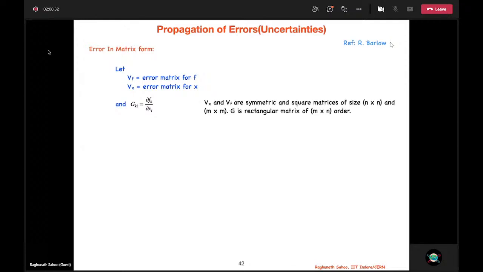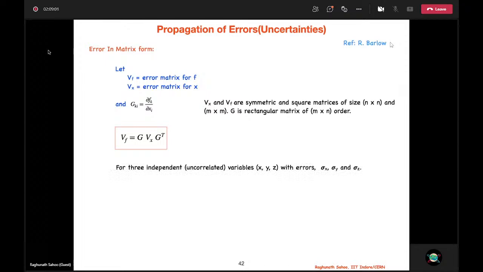Vx and Vf are symmetric square matrices of size n cross n and m cross m respectively, and G has to be a rectangular matrix of m cross n order, because this has to be multiplied and this will be respected. You don't need to remember these orders. So your Vf is equal to, in the matrix form, G Vx G transpose.